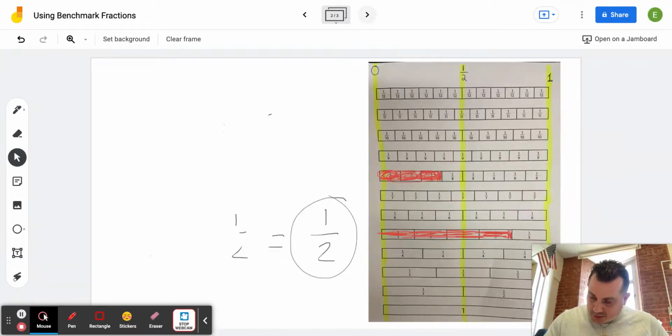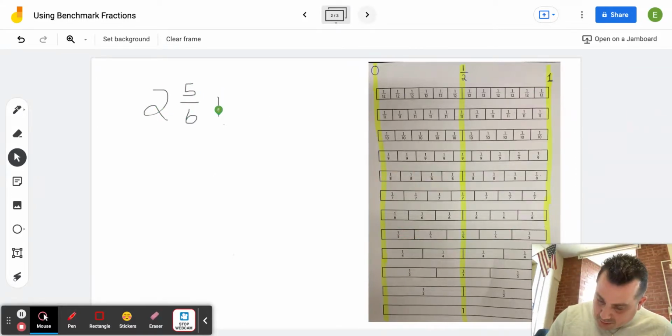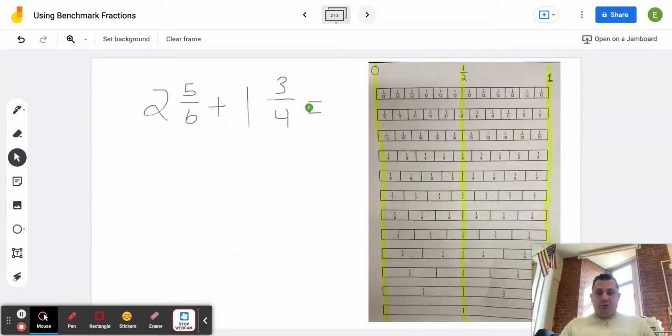I'm now going to write down 2 5/6 plus 1 3/4. So 2 5/6 and 1 3/4. Well, if you notice here, our fraction strip only goes up to 1/2. Okay, but that's all right, because we know for 2 5/6 we have 2 wholes and 5/6.